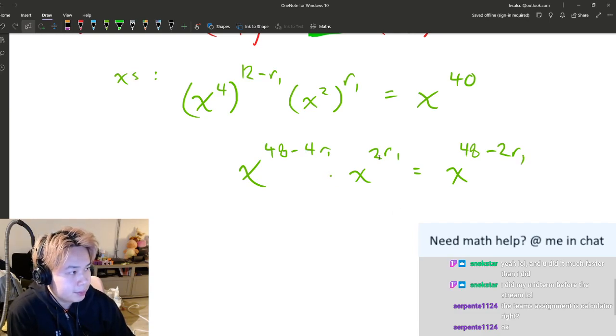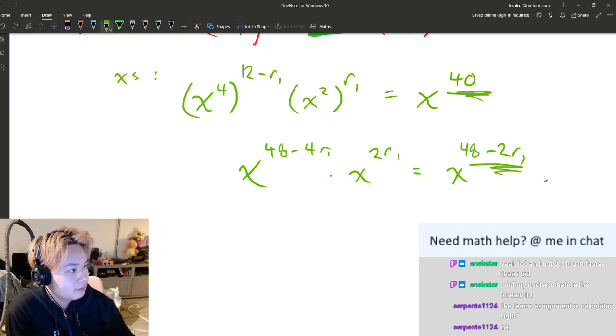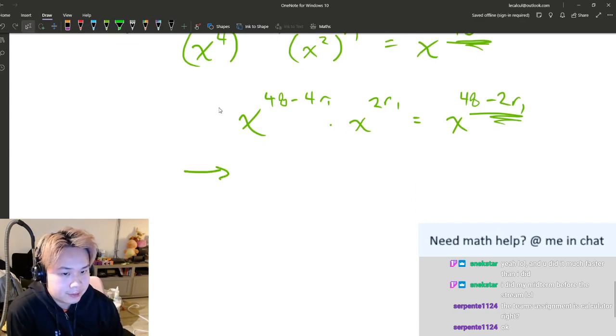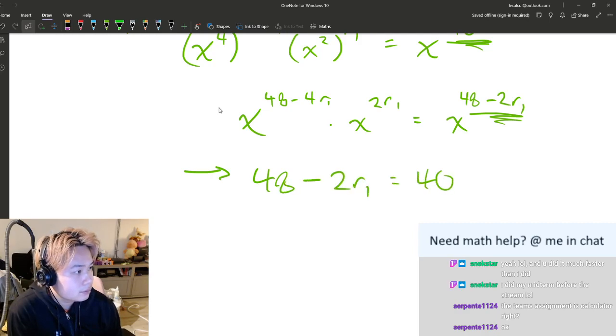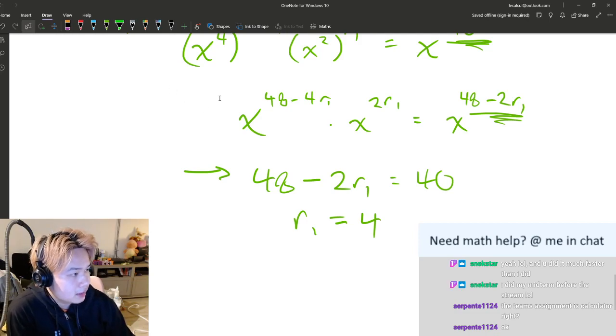So minus 4 plus 2 makes minus 2, and then now I know that these two exponents are equal to each other. So we can solve for r1. So r1 clearly has to be 4, right? Because 2 times 4 is 8, and then 48 minus 8 is 40. Nice.